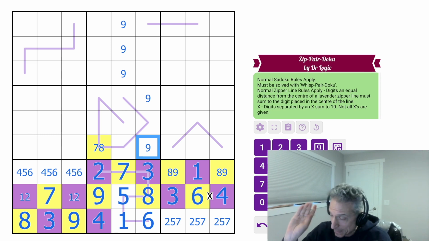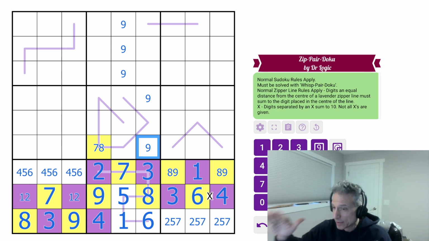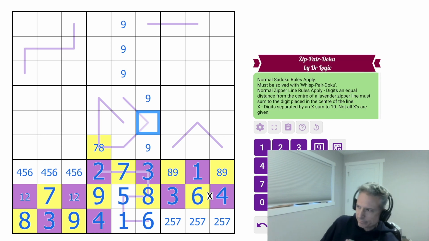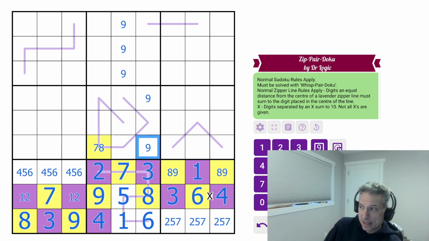So in box 5, cell 3 and cell 9 could be 9. I don't know that it's 3. It could be 3 or 9. Are the options a high digit?